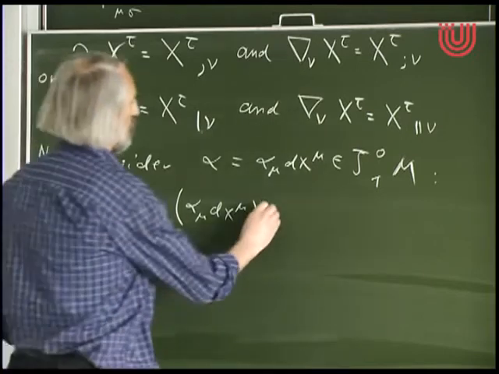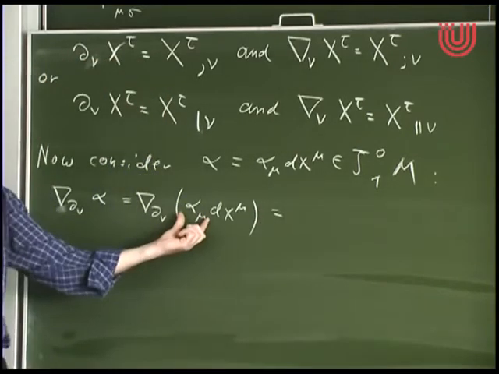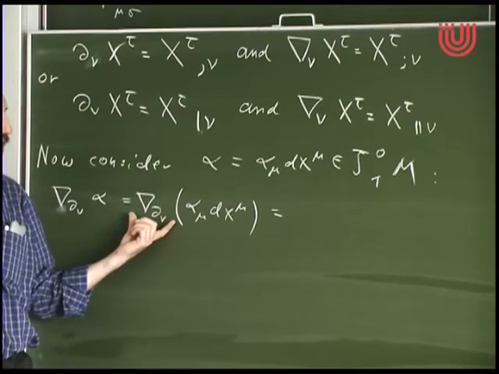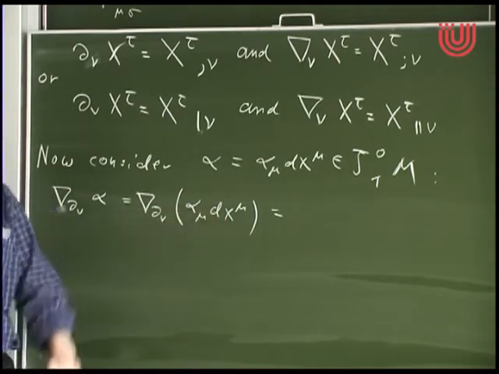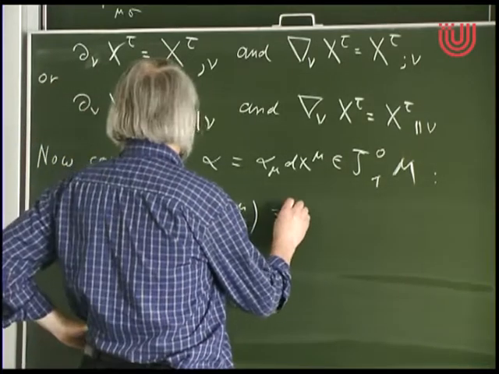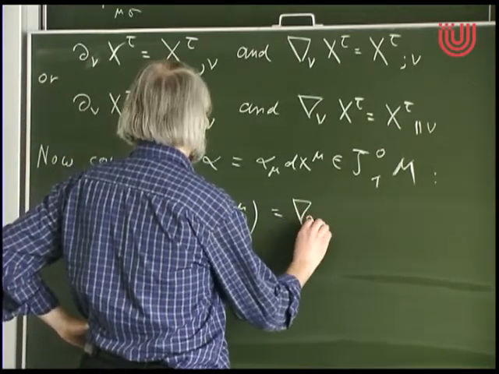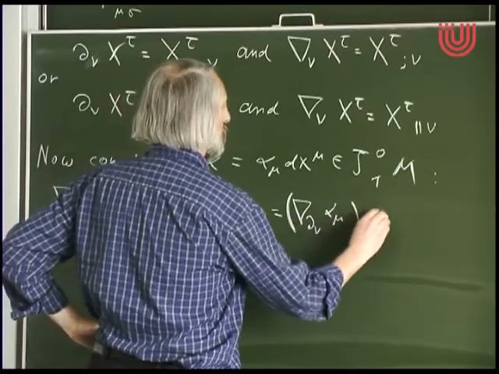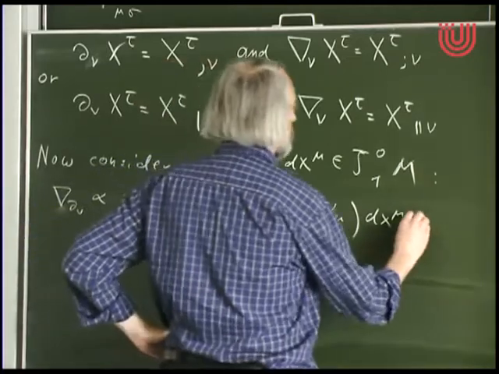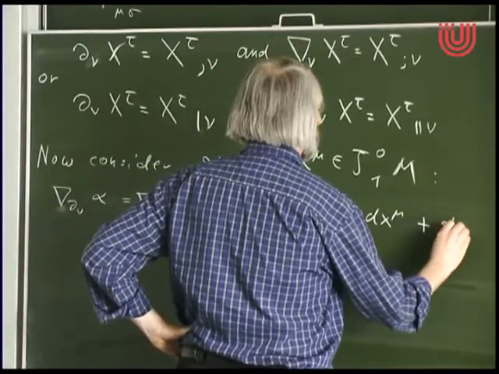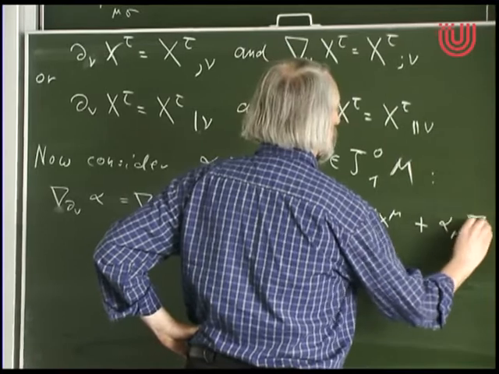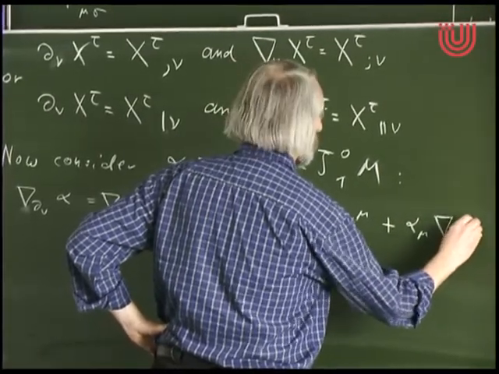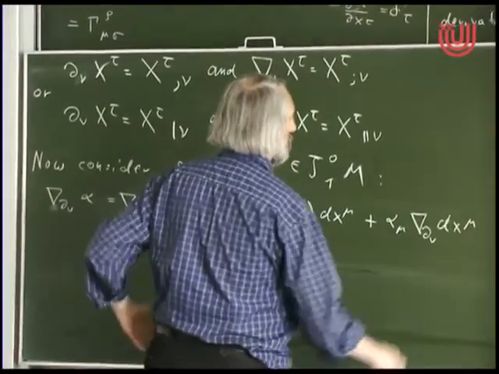Again, I can use the product rule: that's a scalar field, that's a covector field, and this operator satisfies the product rule. So I have del partial nu of alpha mu in brackets, dx mu, plus alpha mu del partial nu of dx mu.